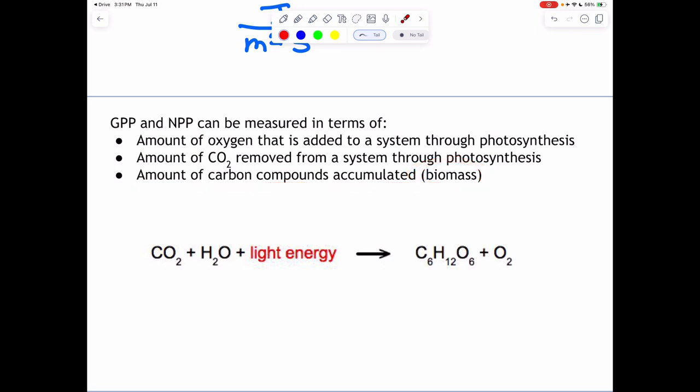So there are different ways of looking at it, and it pretty much has to do with that chemical reaction. Any part of this chemical reaction, whether it is the biomass, the oxygen produced, the CO2 consumed, or even the water consumed, is kind of like stoichiometry, for those of you who took chemistry. So we can use GPP or NPP to understand how each one of these was either added to or taken away from a certain ecosystem.